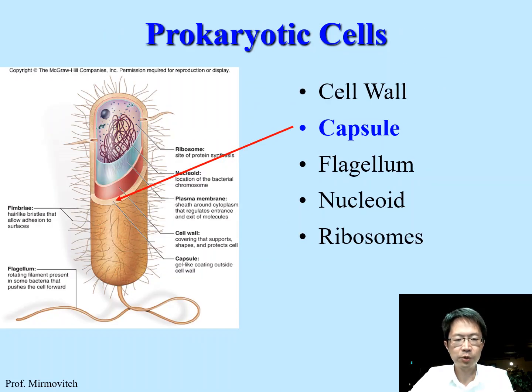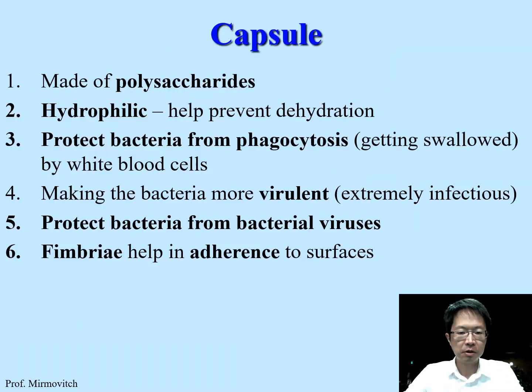Next one, capsule. The capsule is the outermost layer of the prokaryotic cell, of bacteria. So let's take a look at the structure of the capsule. The capsule is made of polysaccharide, and it is on the outermost surface of a bacteria.